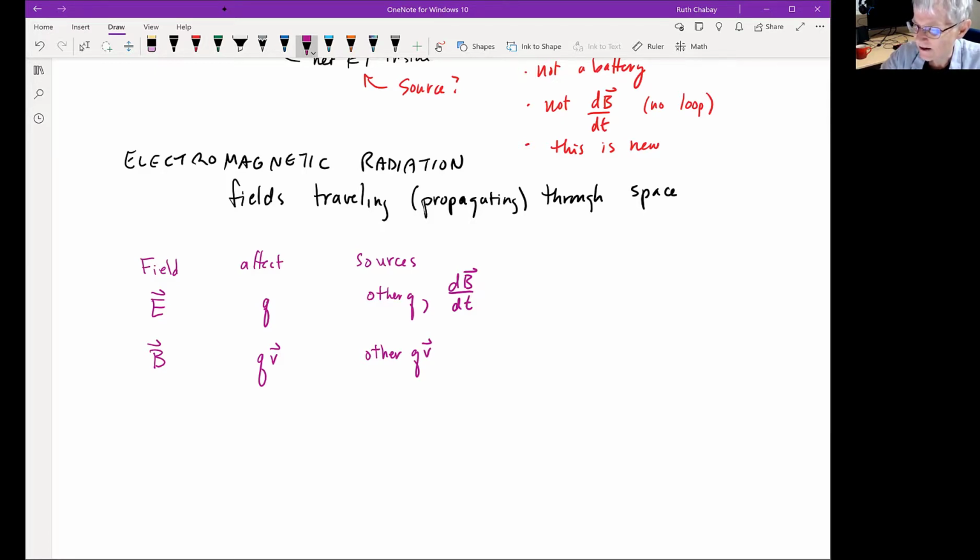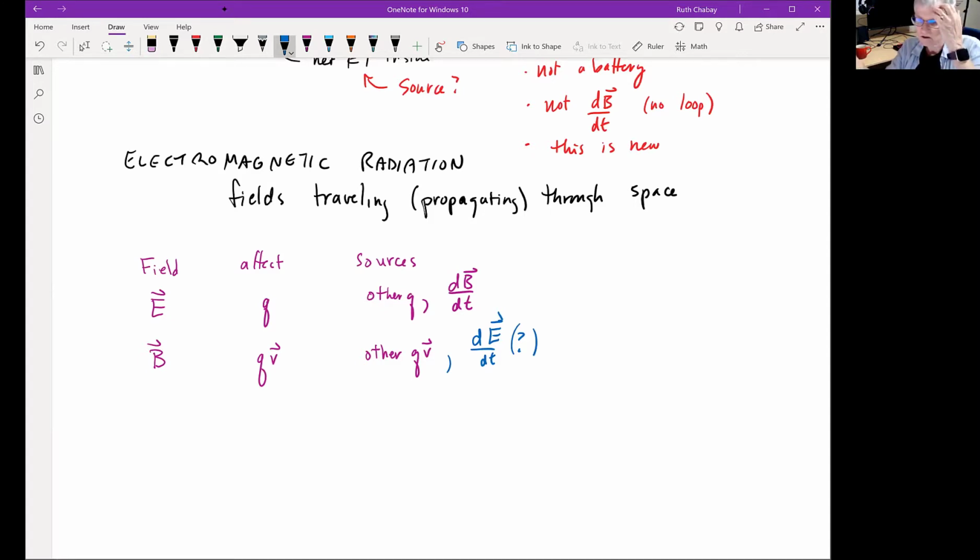Sorry, they can be made by other moving charges, but we might guess that in addition, a time-varying electric field might also be associated with a magnetic field, just sort of by symmetry of the situation.